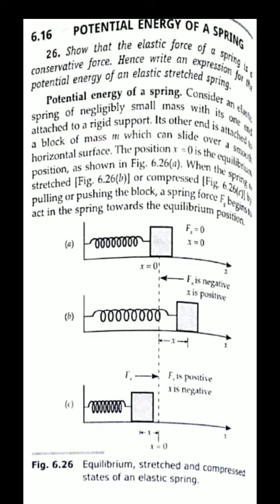In the third figure, when it is compressed, we apply the force in the negative x direction, x is negative, but the restoring force acts towards the right side. The restoring force this time will be positive. So we can say that wherever the displacement is, the restoring force is in the opposite direction, or you can say that the restoring force is opposite to the applied force.